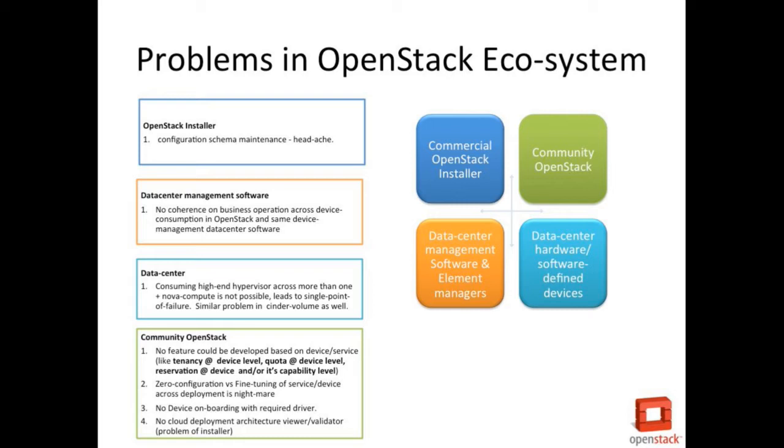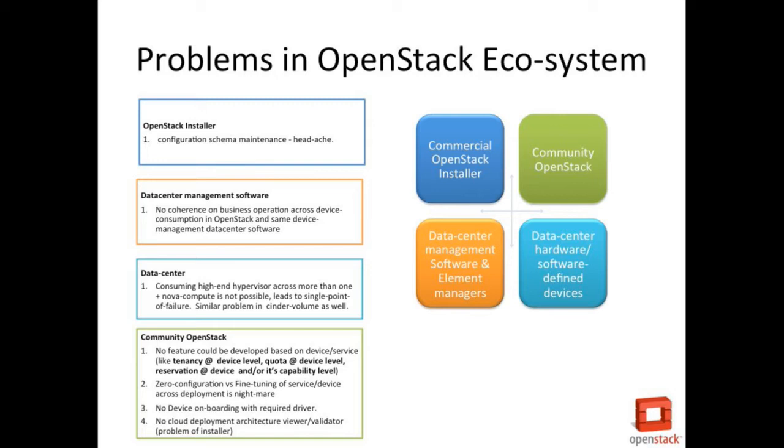And the data center management software does a lot on the management of the data center. It does day-to-day business operations. Say during the maintenance cycle, you want to stop the consumption of a device in OpenStack. Today it is not possible. There is no service in OpenStack by which we can put the devices in a maintenance state.